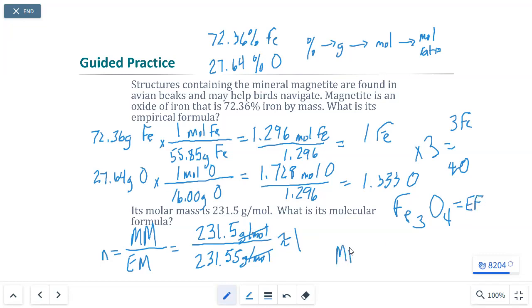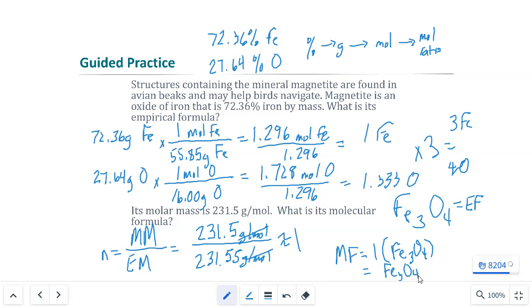Our molecular formula is 1 times our empirical formula, which means that it is exactly the same. And again, that's okay. It's okay to have an identical empirical and molecular formula.